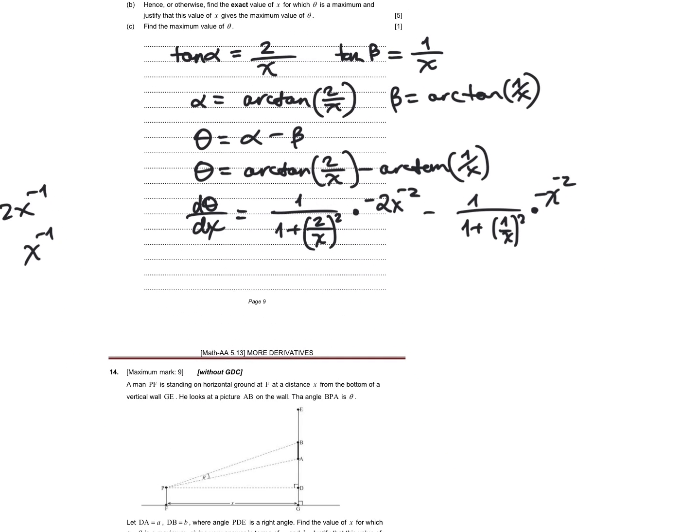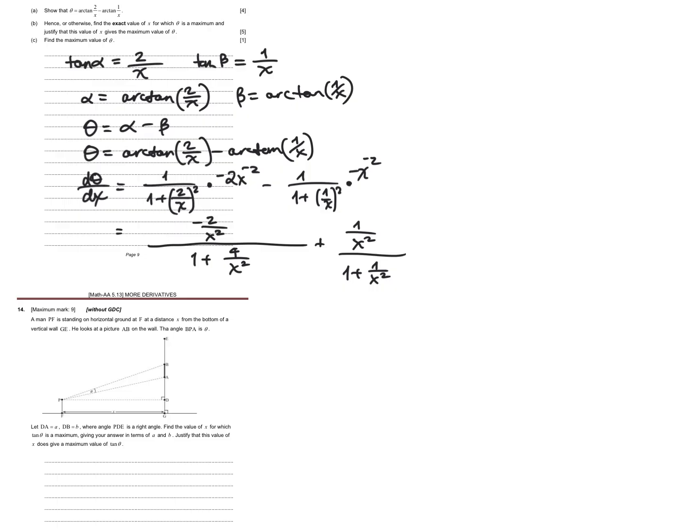All right, so if we write this a bit neater, we're going to have negative 2 over x squared over 1 plus 4 over x squared, and then minus, plus 1 over x squared over 1 plus 1 over x squared.